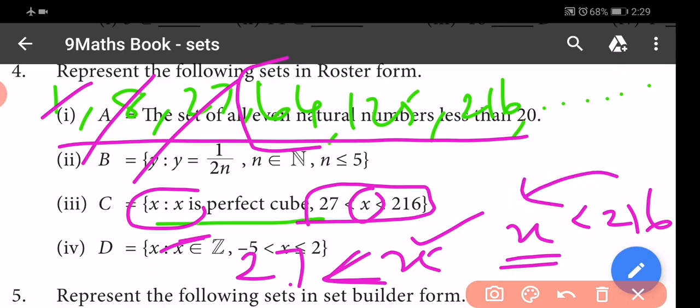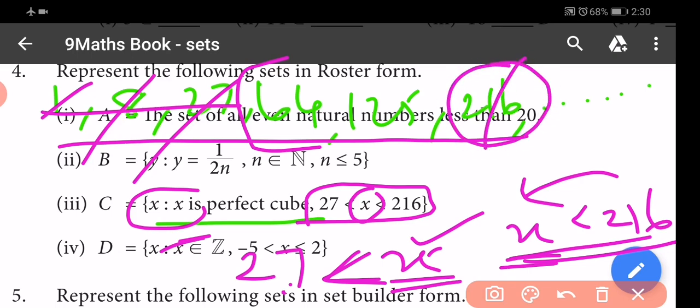And 27 less than x means x must be greater than 27. So we avoid all the numbers up to 27, and x is less than 216 means we avoid 216 and beyond, up to 125.